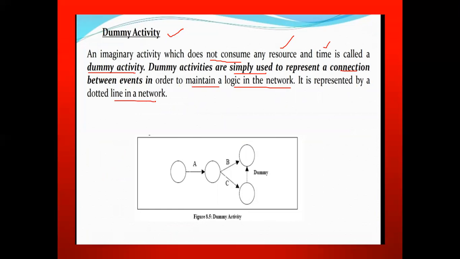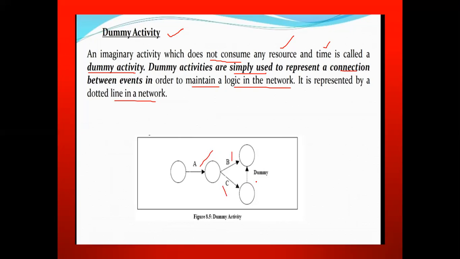So దీనివల్ల యూజ్ ఏమి ఉండదు, దీనివల్ల రిసోర్సెస్ కానీ టైం కానీ కన్జ్యూమ్ అవ్వదు. బట్ ఇన్ ద నెట్వర్క్ డయాగ్రామ్ ఇట్ ఈస్ సింప్లీ యూజ్డ్ టు రిప్రజెంట్ వాట్ కనెక్షన్. అంటే ఒక నెట్వర్క్ డయాగ్రామ్ లోపల కనెక్టివిటీ ఉండడానికి బిట్వీన్ ద టూ ఈవెంట్స్, ఇట్ యాక్ట్స్ యాజ్ ఏ లాజిక్ ఇన్ ద నెట్వర్క్. ఫర్ ఎగ్జాంపుల్, సీ హియర్ దిస్ వన్, A B C D. సో Aకి మనకి అలొకేషన్ అయింది, Bకి మనకి అలొకేషన్ అయింది, C యాక్టివిటీకి అలొకేషన్ అయింది టైం.